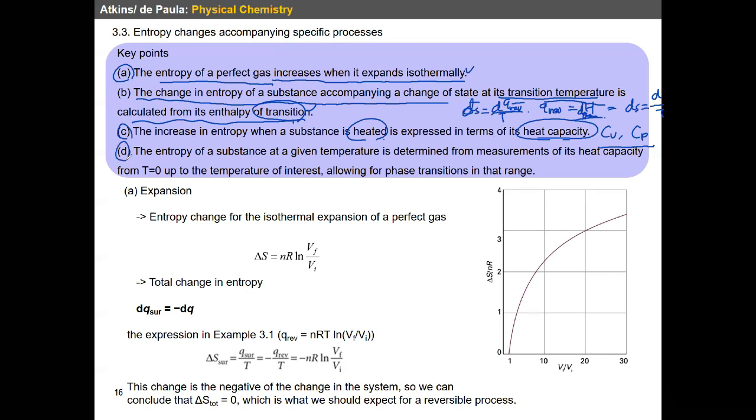And finally, the entropy of a substance at a given temperature is determined from the measurement of its heat capacity from T0 up to the temperature of interest, allowing for the transitions in that range.